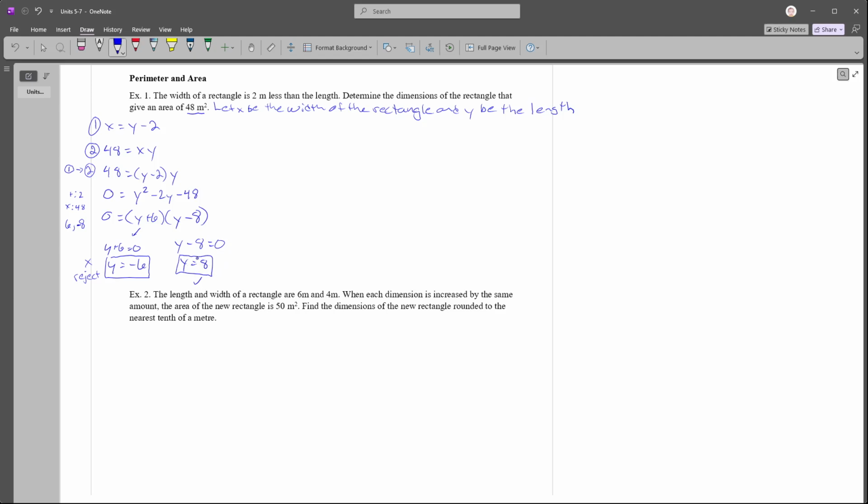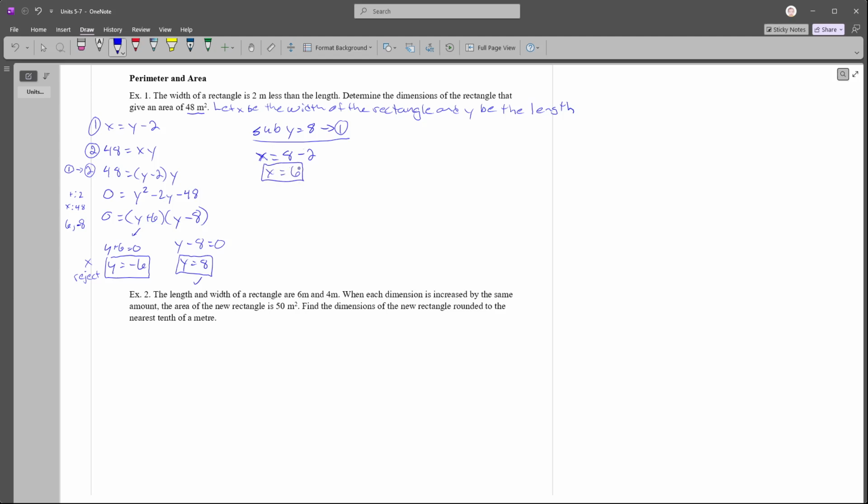So we're going to have to substitute this back into one of our two equations to solve for our width. So obviously the easiest one would be equation number 1. So let's sub y is equal to 8 back into equation 1. So we have x is equal to y, which is 8, minus 2. So x is equal to 6.